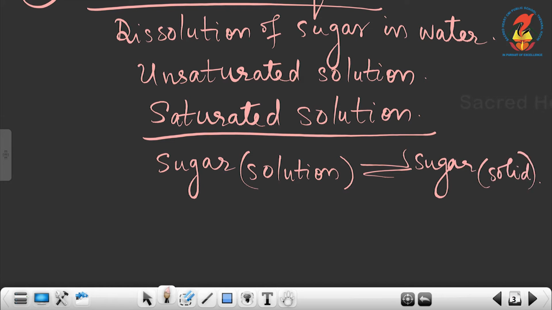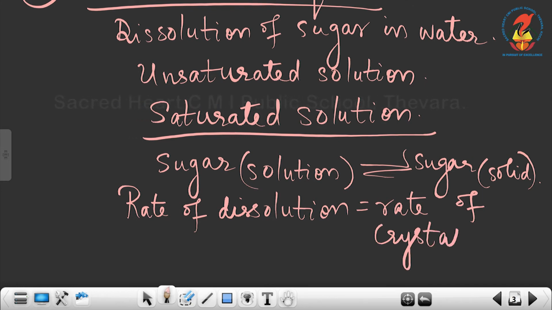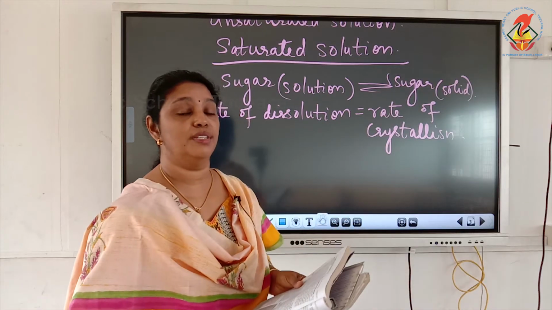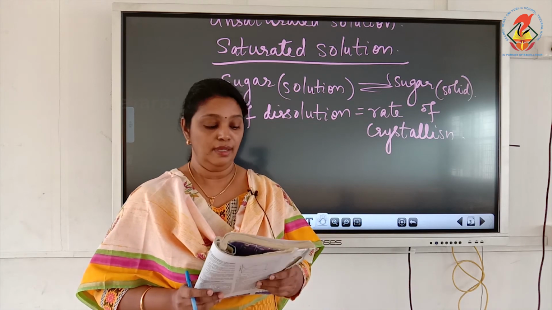Also at equilibrium we can say the rate of dissolution of sugar is equal to the rate of crystallization of sugar, and at equilibrium both processes, that is the dissolution process and the crystallization process, take place simultaneously.